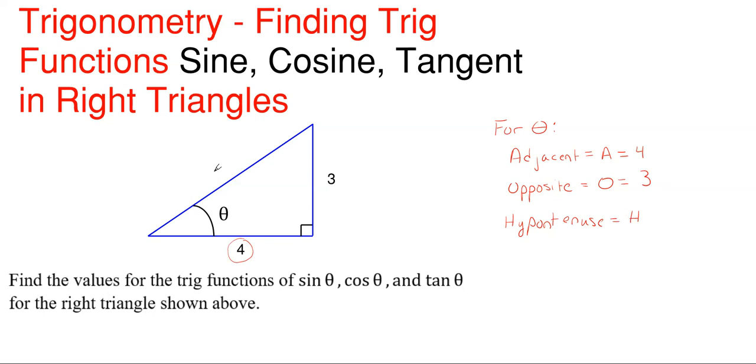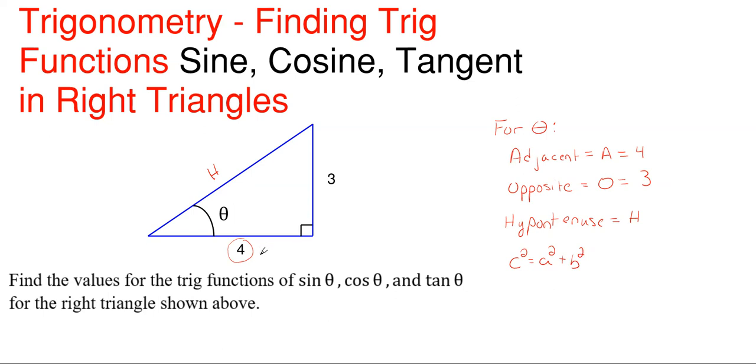And then the hypotenuse is the longest side, which will always be attached to the angle when you're looking at right triangles. So the hypotenuse is this one labeled here, and you can find that using the Pythagorean theorem. The Pythagorean theorem is where c squared is equal to a squared plus b squared.